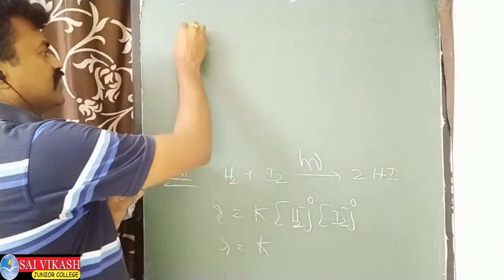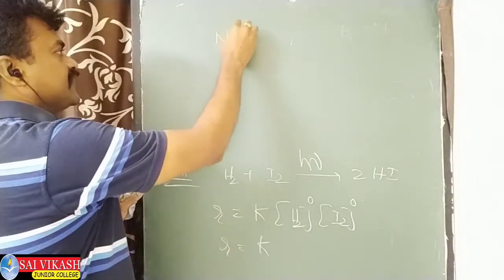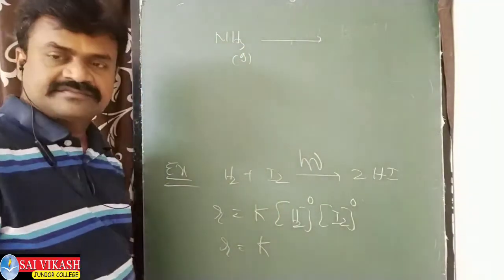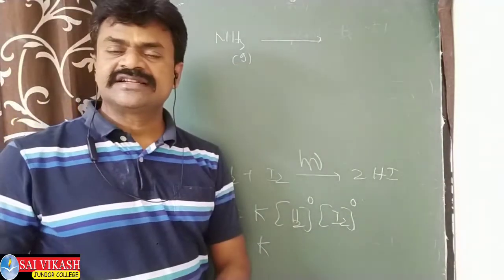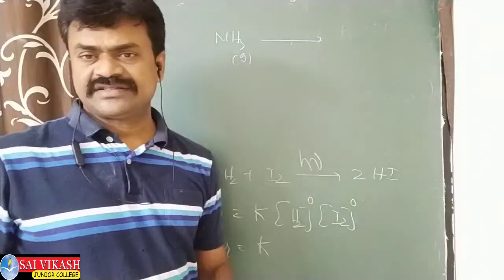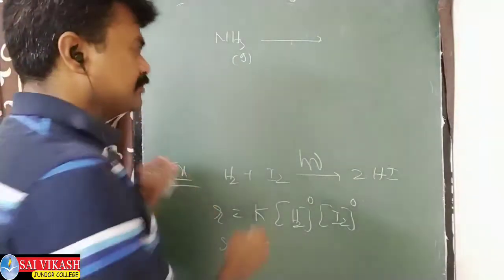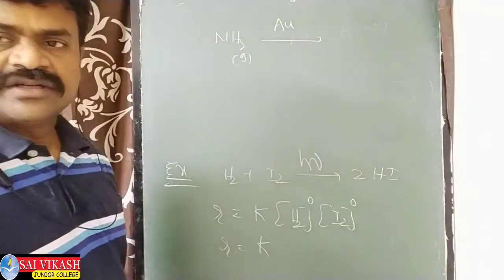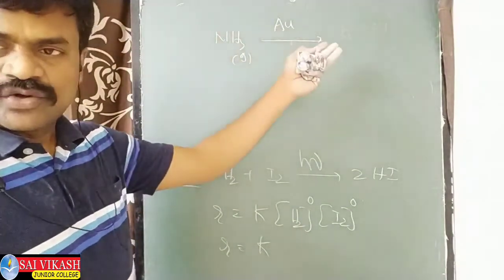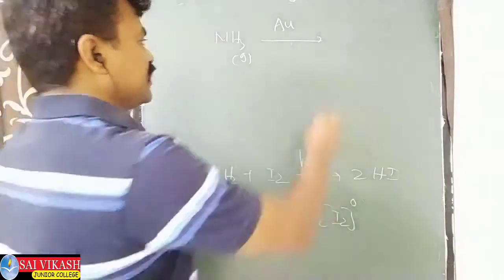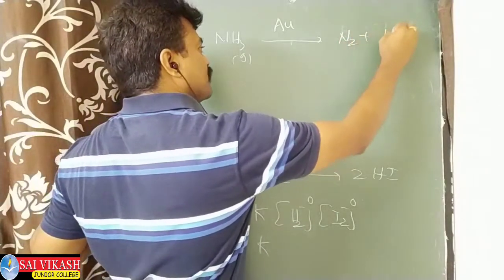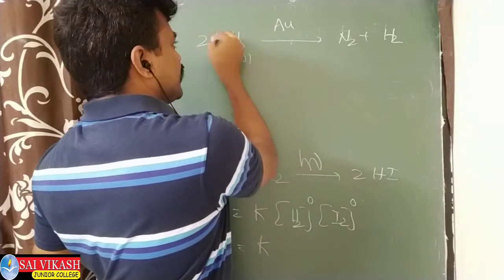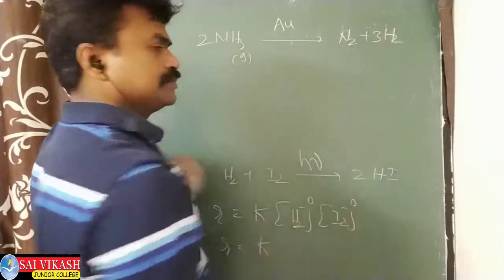And another example for the zero order reaction is, suppose ammonia gas is absorbing on any metal surface, gold, iron, any metal surface. It decomposes to form N2 and H2: 2NH3 gives N2 and 3H2.